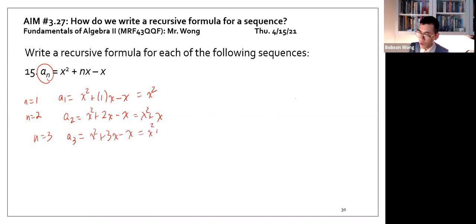So that's x squared plus 2x. So we can see that we can write a recursive formula by finding the first term, which is a sub 1 equals x squared. And then the pattern, we're basically taking the previous number and adding x to it.